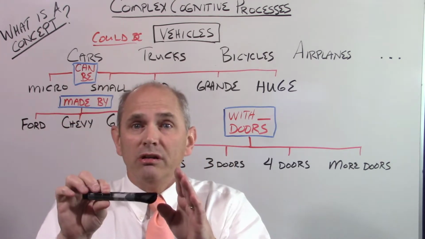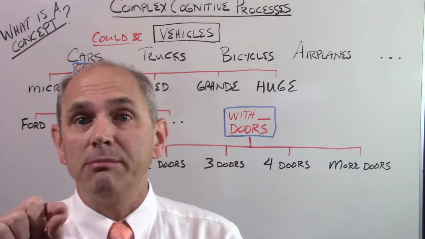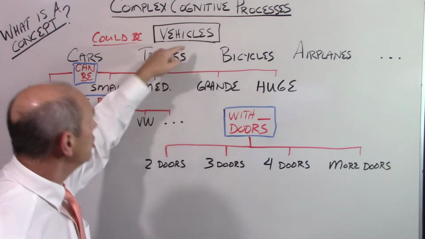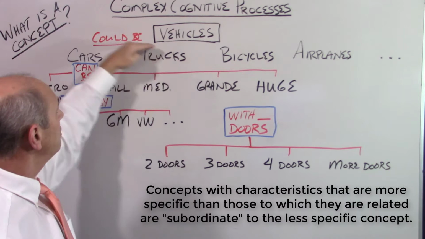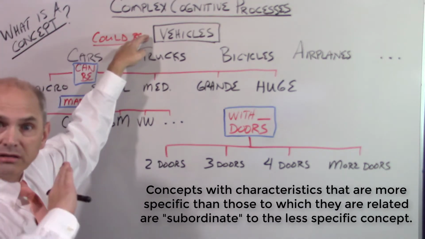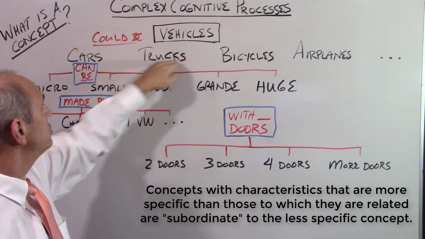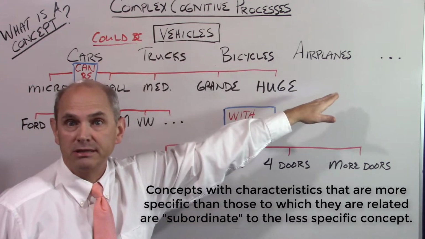This structure is important. The one thing we haven't talked about is what is it called when something is below something else. Like these vehicles here, this is our main topic. This is superordinate to cars, trucks, bicycles, and airplanes.